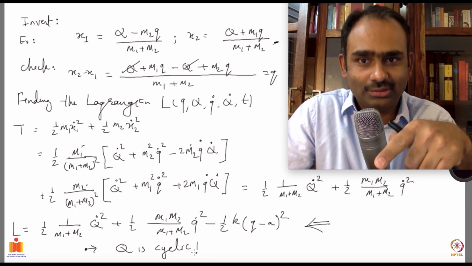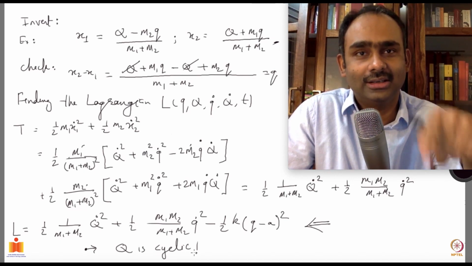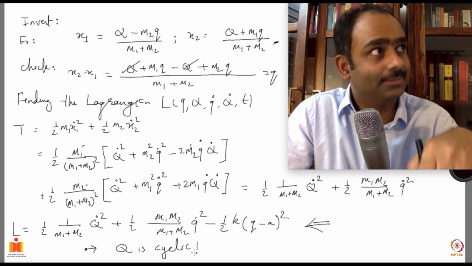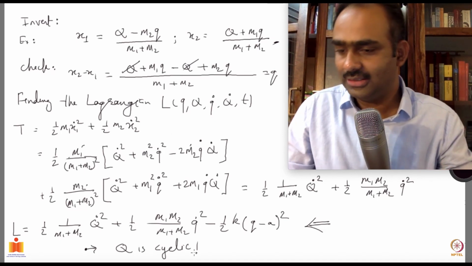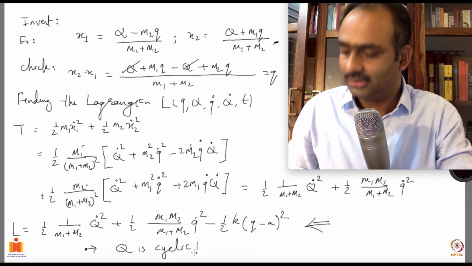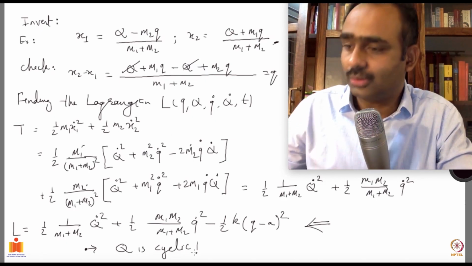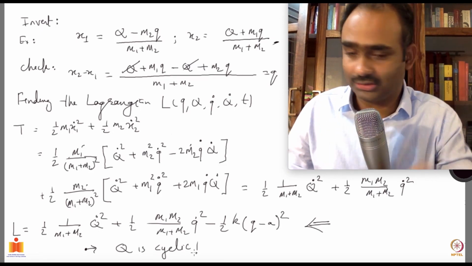But if you make the choice which I have made now, you'll find that one of the coordinates turns out to be cyclic. That's very good. That's what is good about our choice of coordinates.